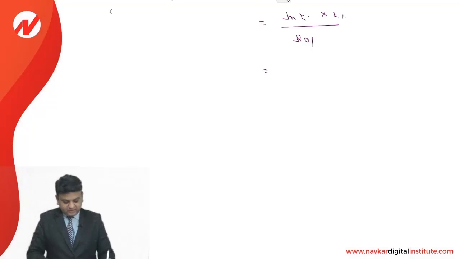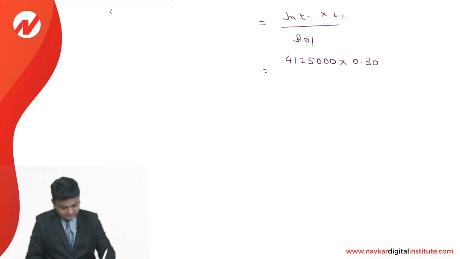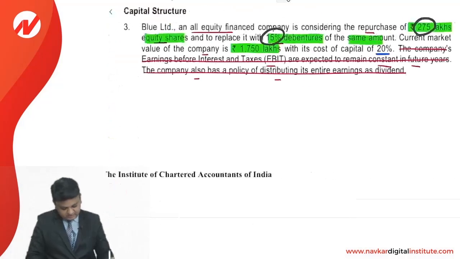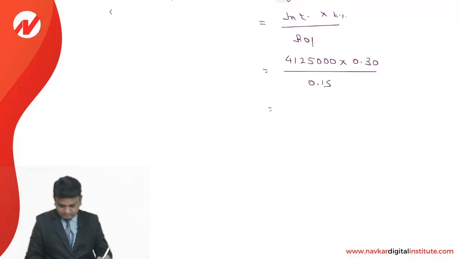So it is 41,25,000 into income tax rate 30%, divided by rate of interest, and the rate of interest is provided to us in the example as 15%. 41,25,000 into 0.30 is the tax saving, divided by 0.15. That comes to 82,50,000.